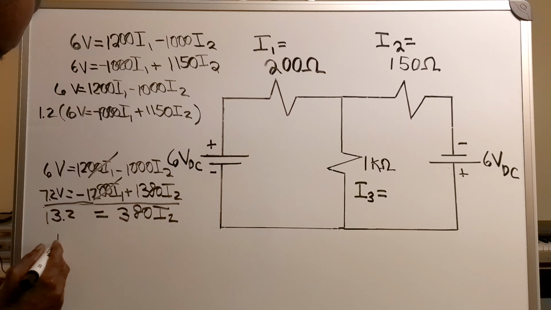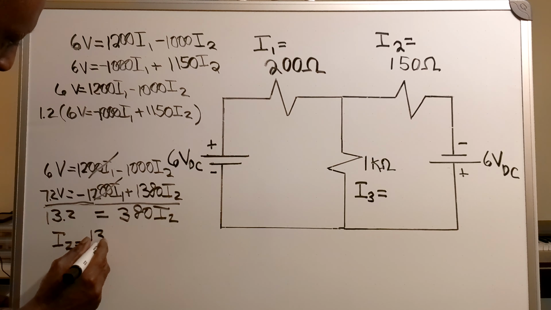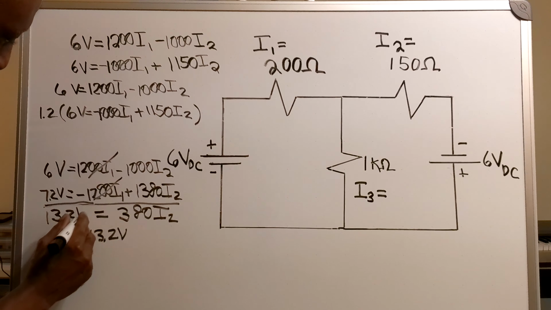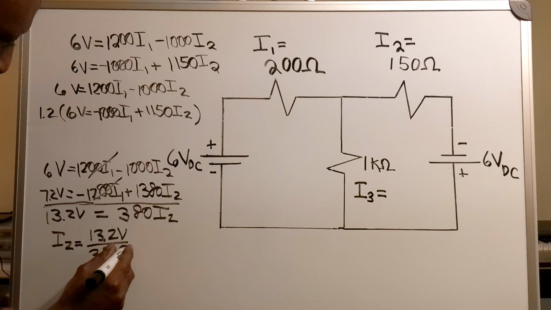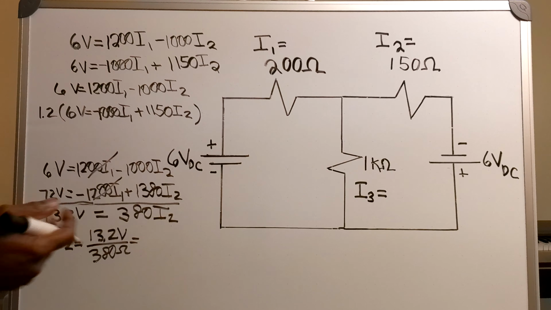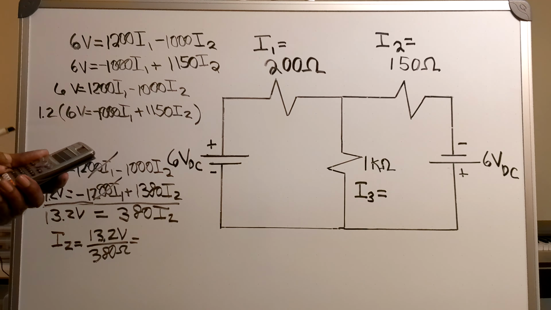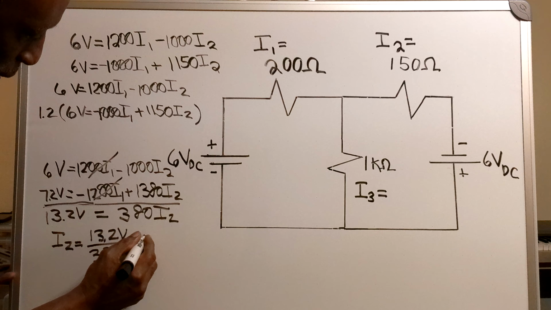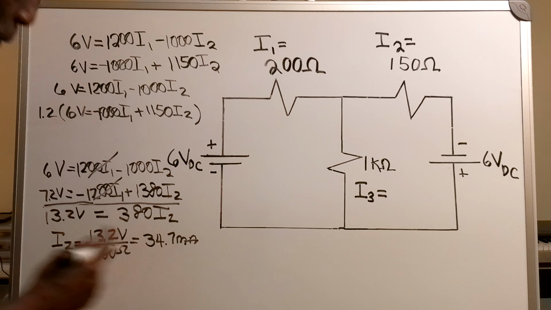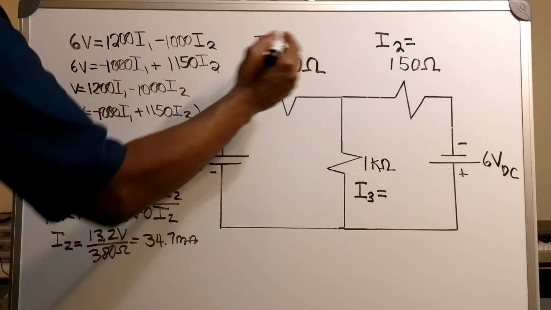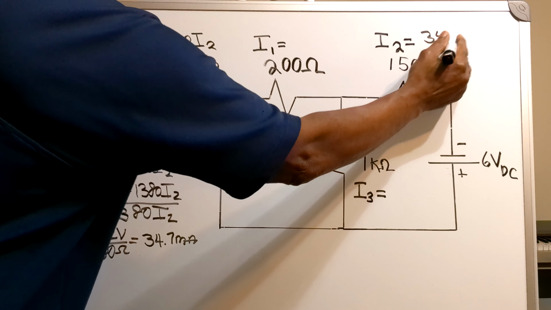So my I2 current equals 13.2 volts over 380 ohms, which is 34.7 milliamps. So my I2 current is 34.7 milliamps.